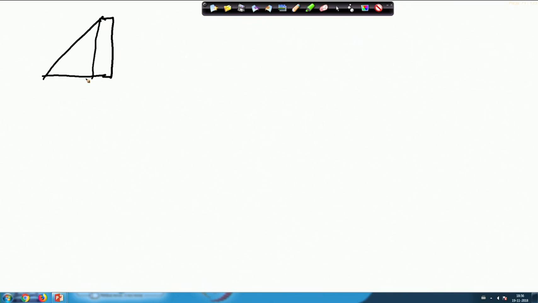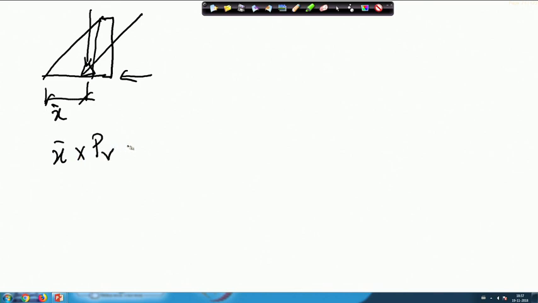I can find the resultant vertical pressure acting somewhere here, perhaps at some angle, and then consider vertical and horizontal components. Suppose this distance is x bar. So, x bar multiplied by PV will be equal to the restoring moment minus the overturning moment.